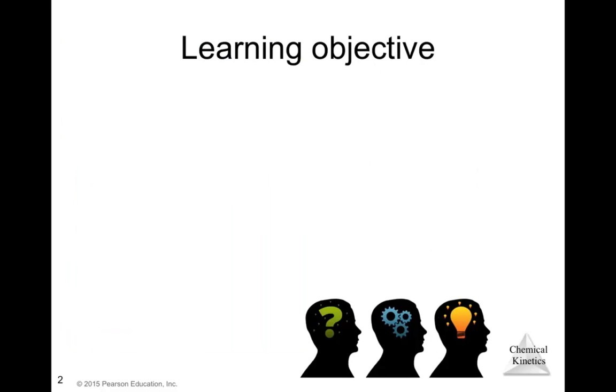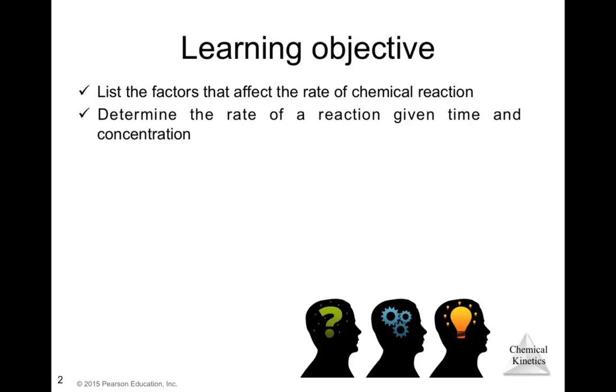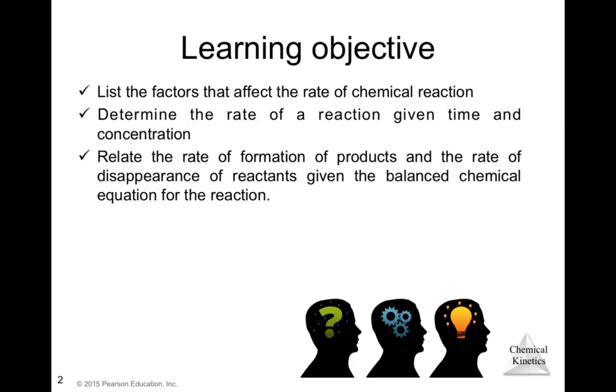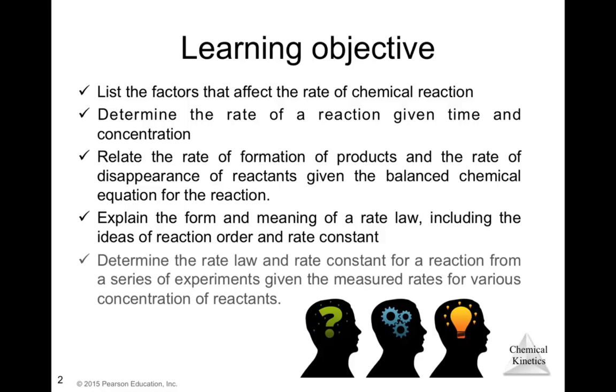By the end of this module, you should be able to list the factors that affect the rate of a chemical reaction. Determine the rate of a reaction given time and concentration. Relate the rate of formation of products and the rate of disappearance of reactants given the balanced chemical equation for the reaction. Also, you must explain the form and meaning of a rate law, including the ideas of reaction order and rate constant.